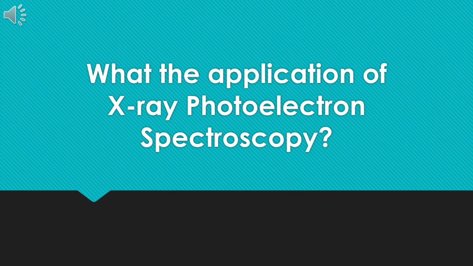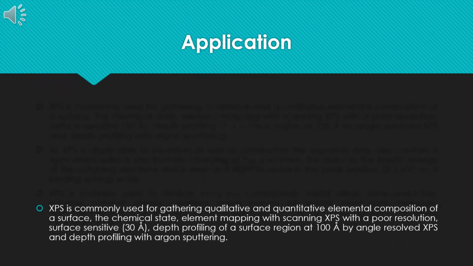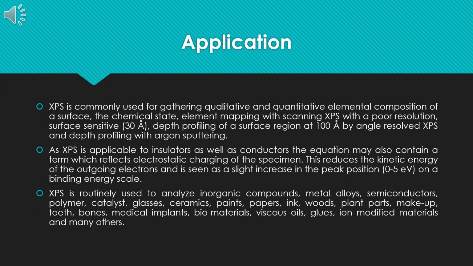What is the application of X-ray photoelectron spectroscopy? Application: XPS is commonly used for gathering qualitative and quantitative elemental composition of a surface. The chemical state element mapping with scanning XPS with a poor resolution. Surface sensitive, 30 angstrom.